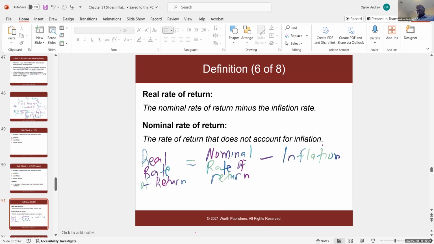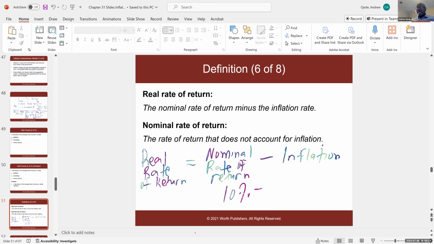For example, if you invest in a US Treasury bond, and the government says they're going to pay you 10% on a 1-year US Treasury bond, that is a nominal rate of return, 10%. So after 1 year, the government is going to pay you back your money with the interest of 10%.